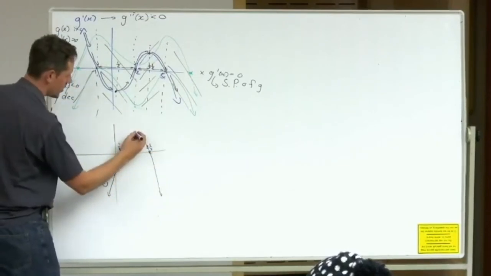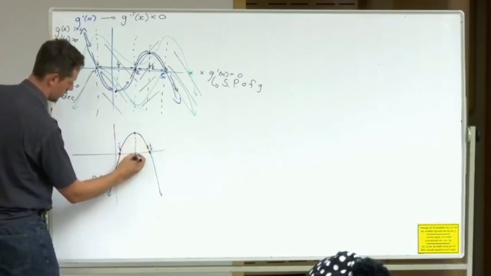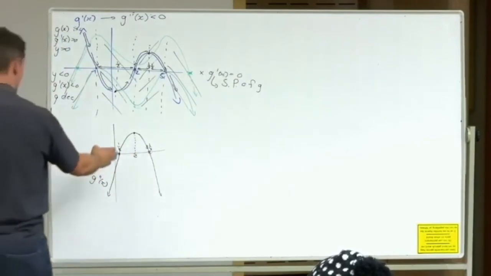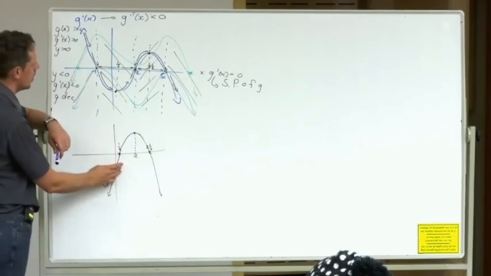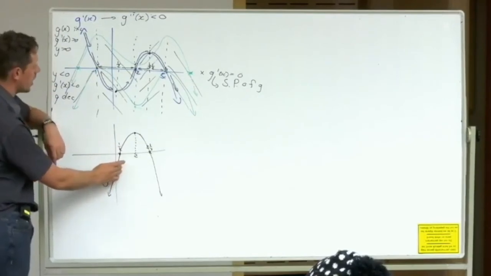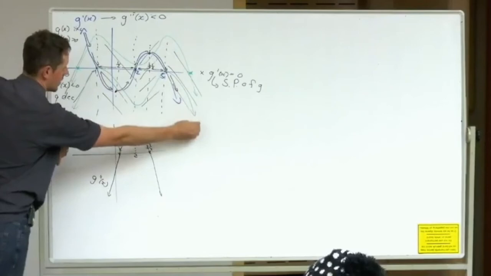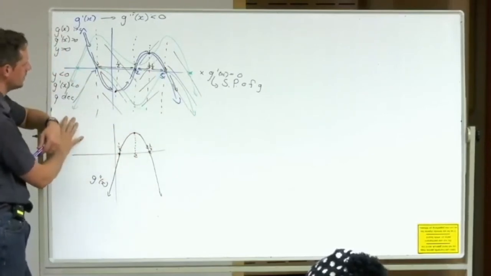But what is going to be this point here? That's going to be the point 2, which is the turning point of this graph, which is going to be a point of inflection for this big graph, for the green graph.